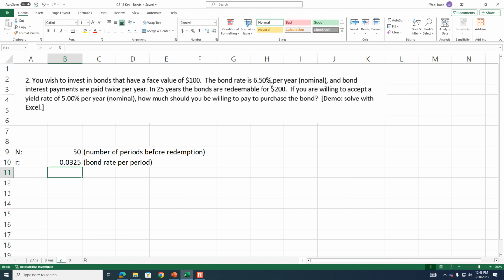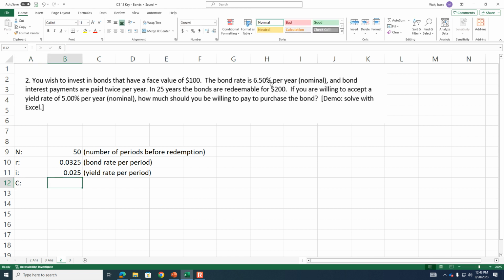So the bond rate per period is 0.0325. I, which is defined as the yield rate per period. What's the yield rate per period? 0.05 divided by 2. So it's the yield rate per year divided by the number of periods per year.